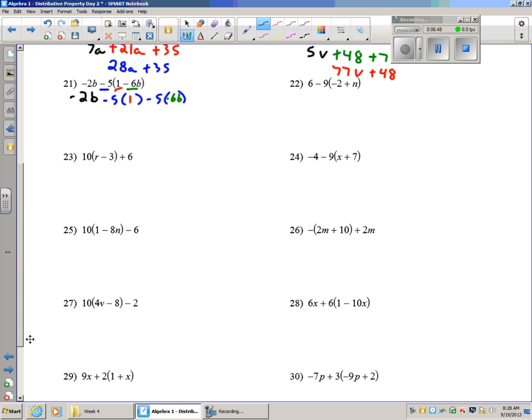The negative 2b again just drops down. Negative 5 times 1 is negative 5. Negative 5 times negative 6b, that's positive 30b. 30b minus 2b, that's 28b, minus the 5.